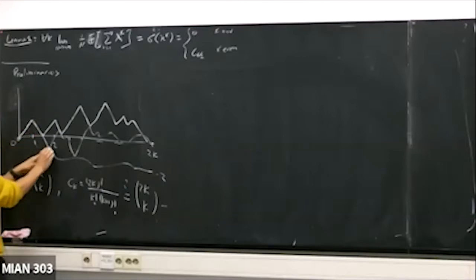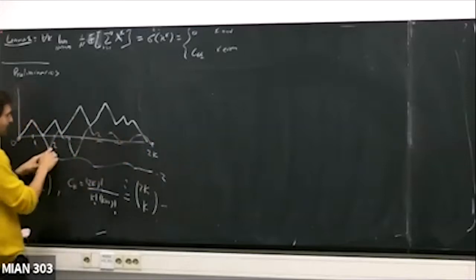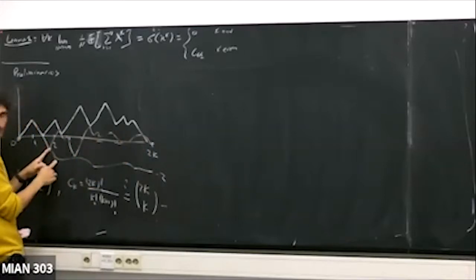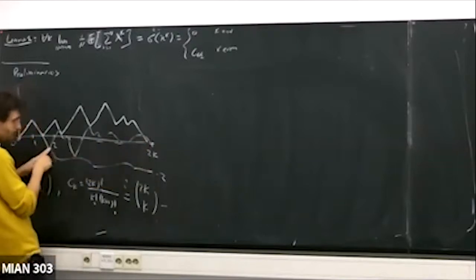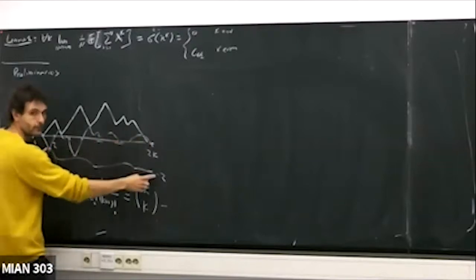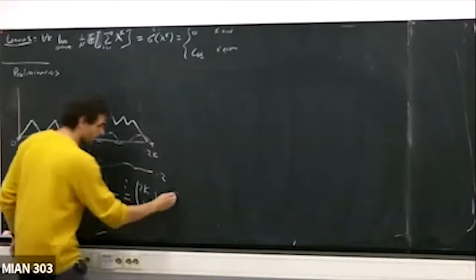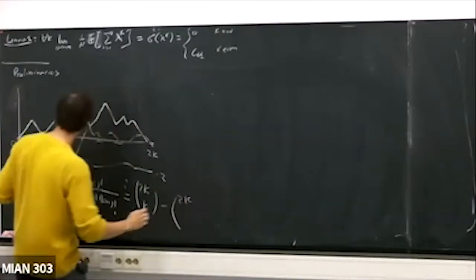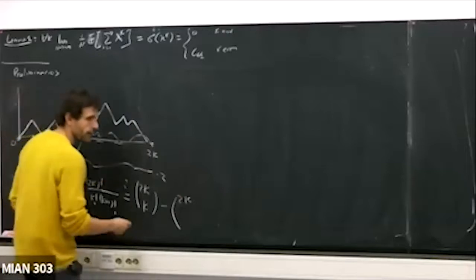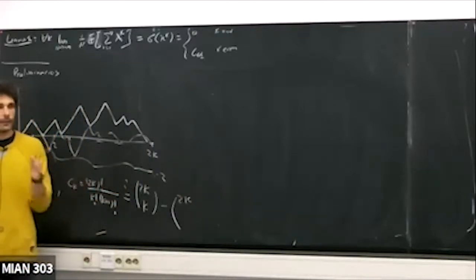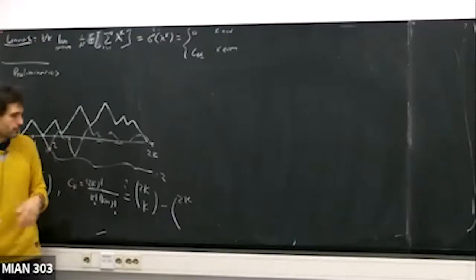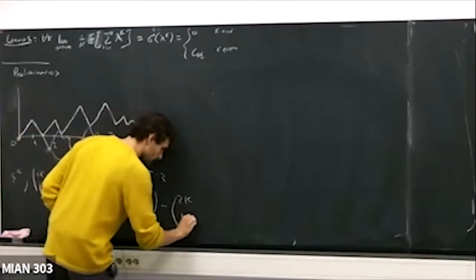Then this one went to 0, and every time this one makes +1, the other one makes -1. Certainly this will finish at -2, because from -1 this increases 1, so the other decreases 1. Of these, how many start in 0 and finish in -2? I have 2k positions, k plus 1 of them I need to put -1, and k minus 1 times I need to put +1. So it's 2k choose k plus 1.